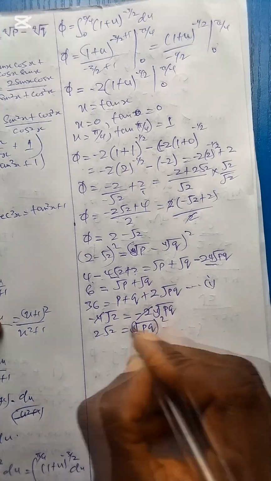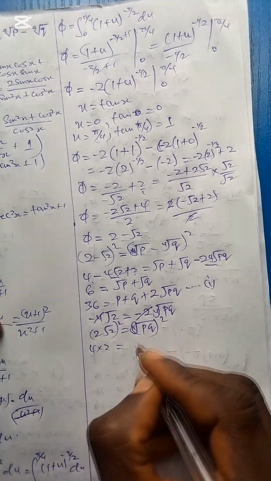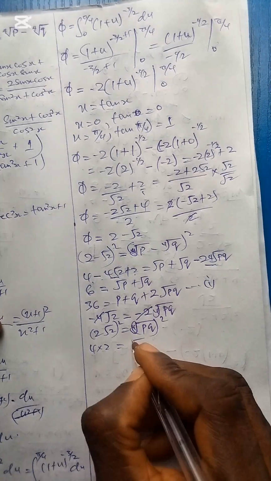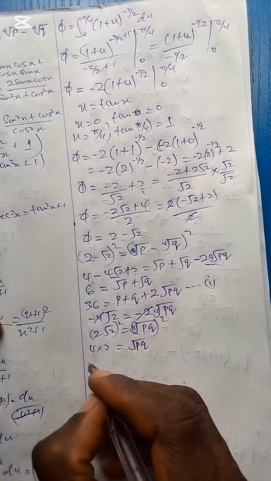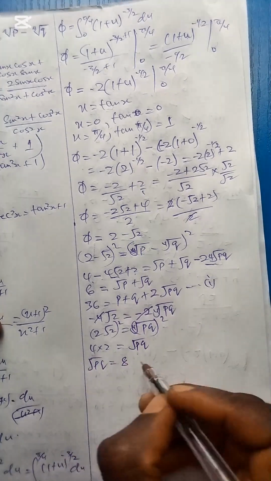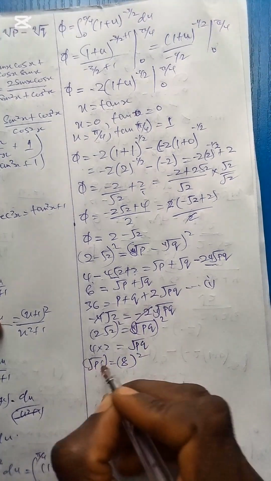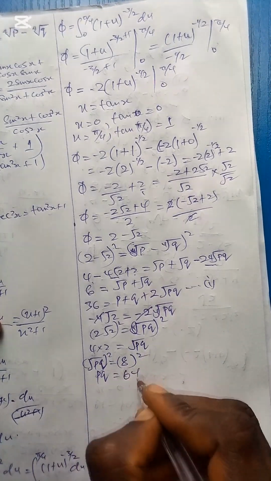So we can square both sides now. This is 4 times 2. And then this is root pq. 4 times 2 is 8. So root pq will give us 8. If we square both sides again, pq is equal to 64.